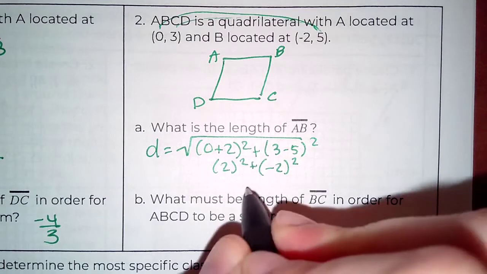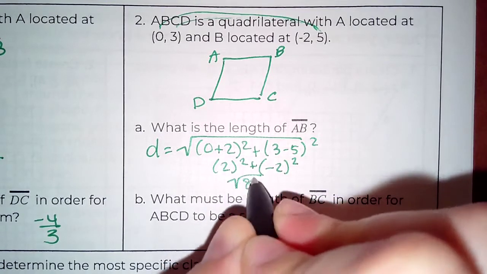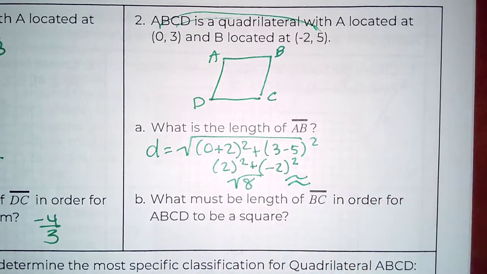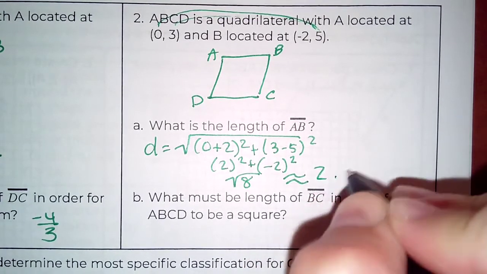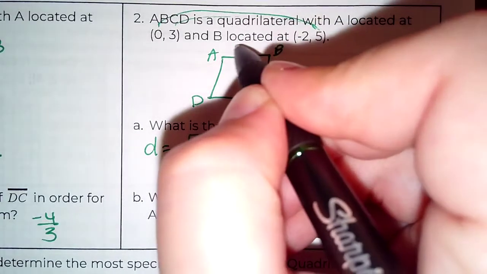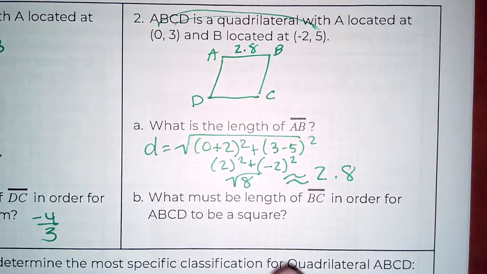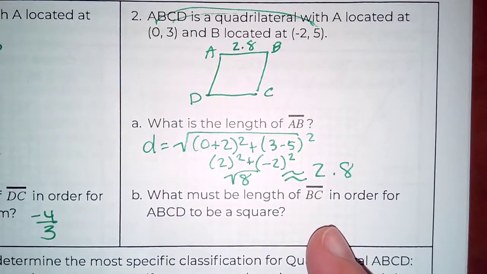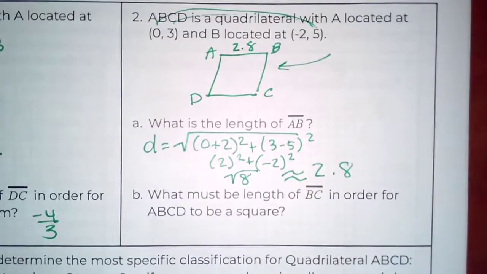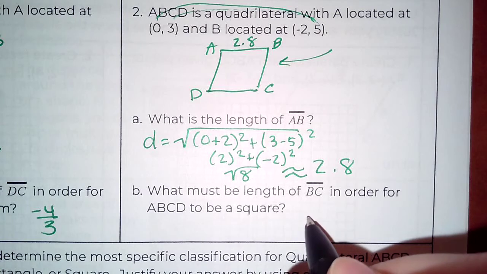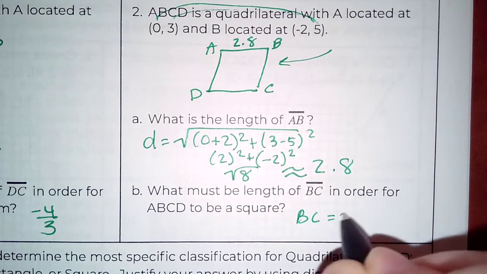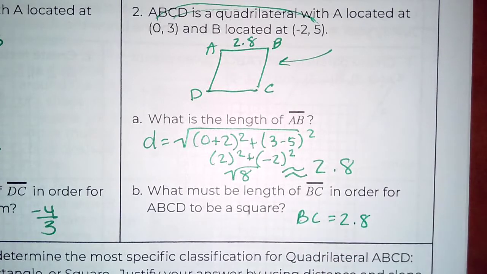So 4 plus 4, square root of 8, is approximately 2.8. So if AB is 2.8, what must the length of BC be, so this one here, for ABCD to be a square? Must be also 2.8. If it was a rhombus, 2.8.